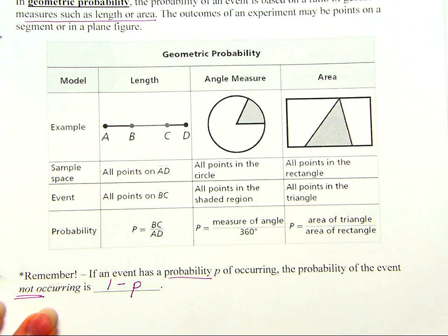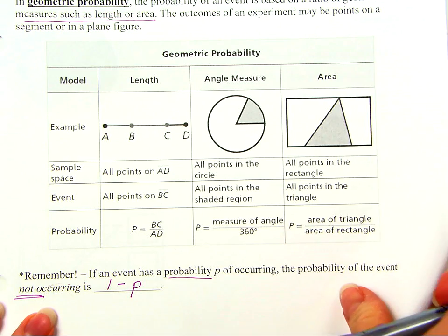So for example, if we know that there's a 40% chance that it's going to rain, there's a 60% chance it's not going to rain. And our probabilities can be expressed as percentages, as decimals, as fractions. A lot of time today, we are going to give our probability as a fraction, unless it says otherwise. So let's take a look at some examples.